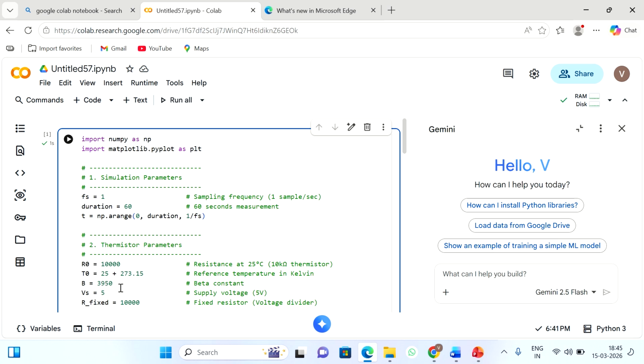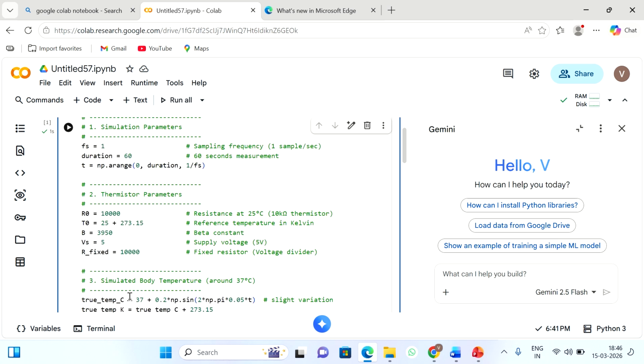T0 equal to 25 plus 273.15, so the reference temperature in Kelvin, a Celsius to Kelvin conversion. B equal to 3950, it is the beta constant. And then Vs is equal to 5, that is the supply voltage equal to 5 volts. And then R_fixed is equal to 1000, so a fixed resistor for the voltage divider.